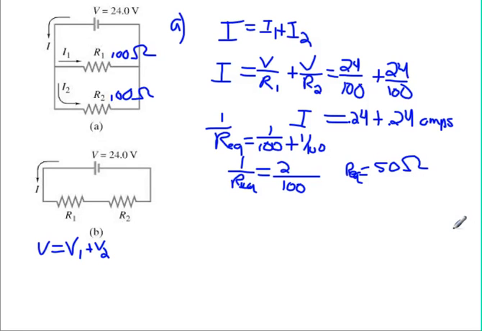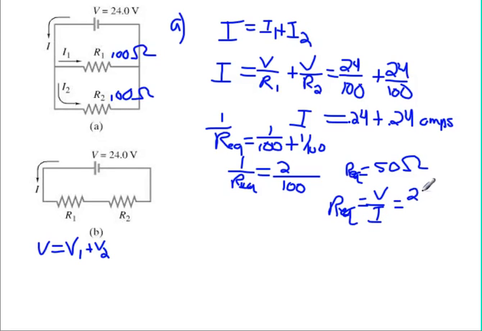ohms. So that's crazy. In parallel, remember, you get a reduction in total resistance to even less than what you started with in one of them to begin with. So it's really nice. You could have also gotten this by thinking about just the total circuit and the total voltage and current being supplied by the battery. So let's see if we get the same result if we think about the resistance as voltage divided by current from Ohm's law.